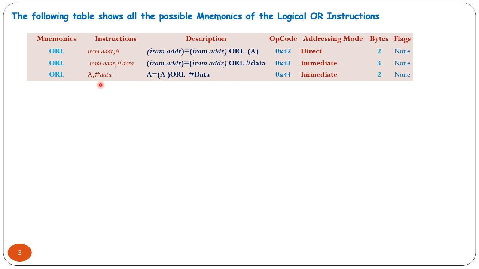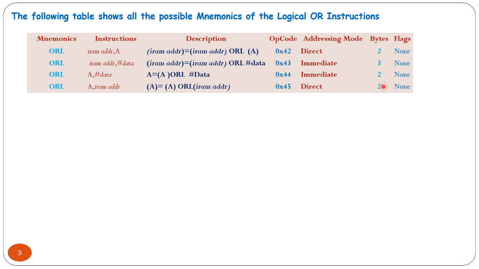ORL A, #data: the immediate data is logically ORed with the content of the accumulator, and the result is stored in the accumulator register. This instruction has operation code 44H, immediate addressing, 2 bytes, and flags are not affected.